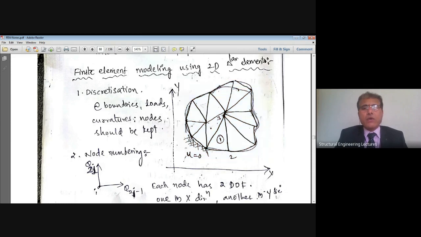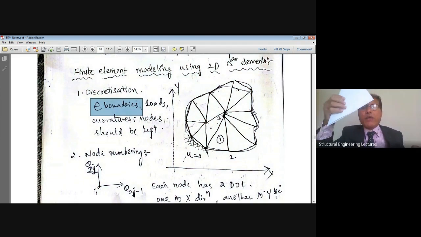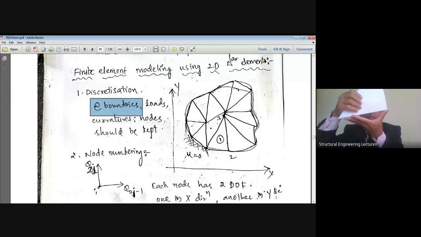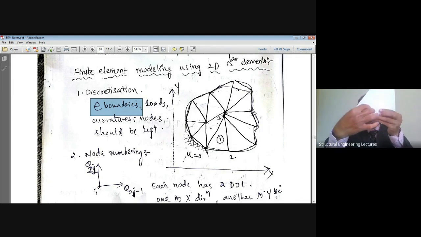However, we already know how the discretization should be done, that you should take care of the boundaries. Therefore, at the boundary, if at all there is a boundary, then that boundary should be caught entirely by one side. You cannot model the boundary in such a fashion that only half of the one side has some support condition and the rest of the half is not supported. That is not acceptable. If such is the case, you just split that element into another element like this.